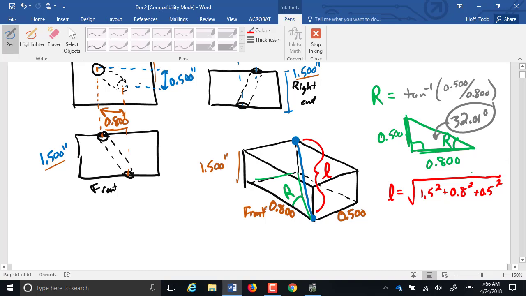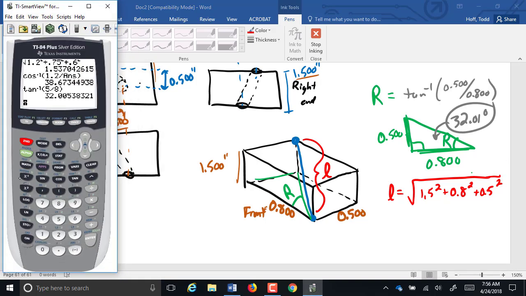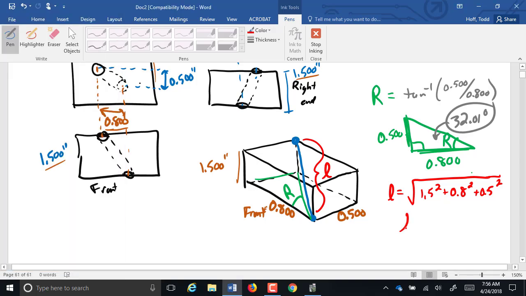We can do all three dimensions squared. So the square root of 1.5 squared plus 0.8 squared plus, 1.772 we get. That is inches.